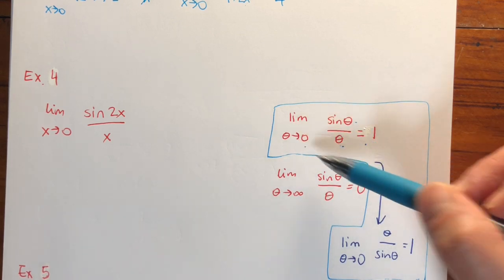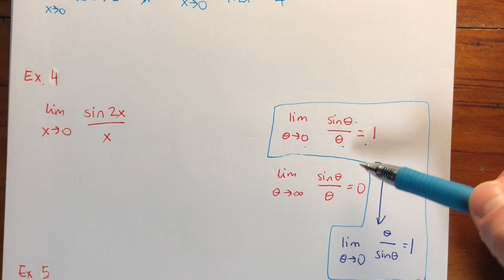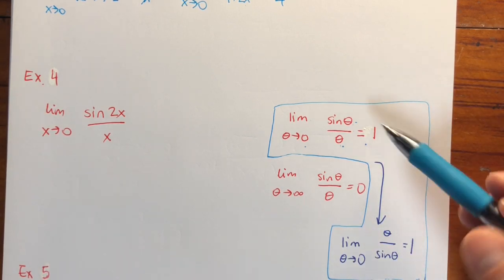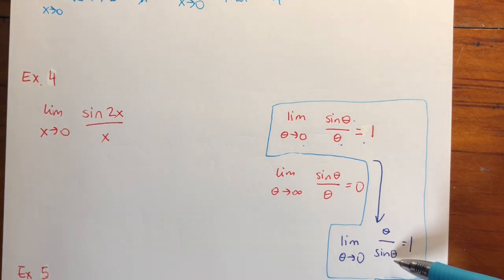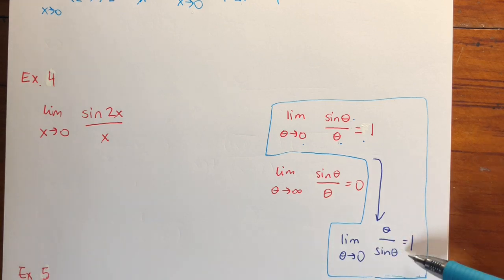Okay, so this is something that we are going to remember, that we are going to use in a second. Now, the same thing works if we switch. So if you put the angle on the top and the sine of that angle on the bottom, as long as the angle is going towards 0, this is also going to be equivalent to 1.